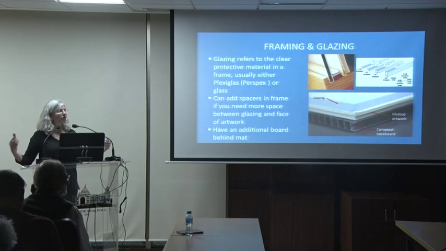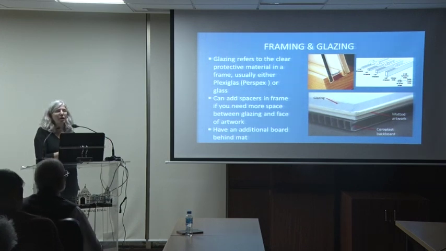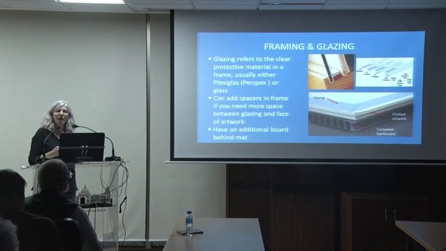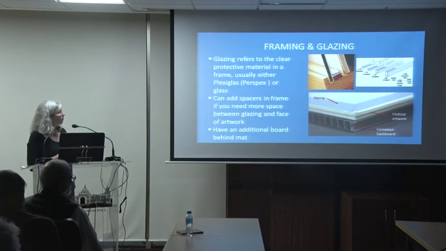If something were to accidentally poke into the back of the framed package, that would prevent the artwork itself from being damaged. And then finally, you want to seal up the back edges of your framed piece. In that way you can prevent pests, bugs, and dust from getting inside the frame itself.